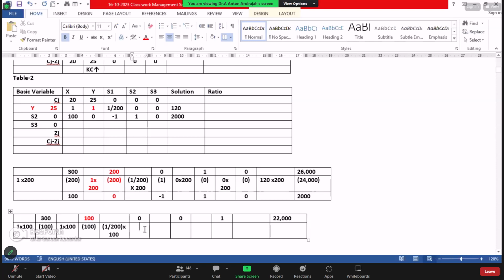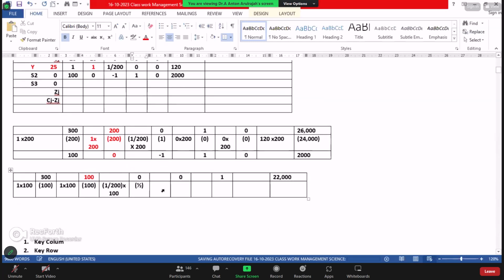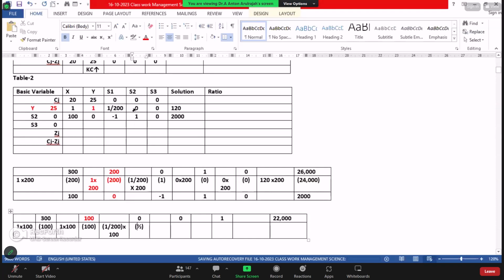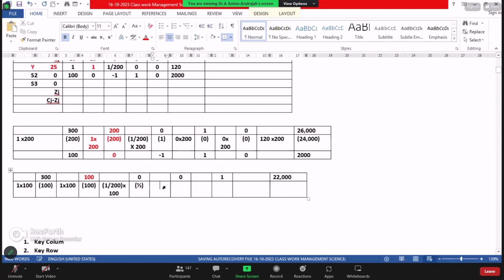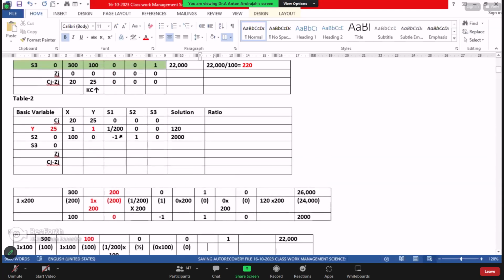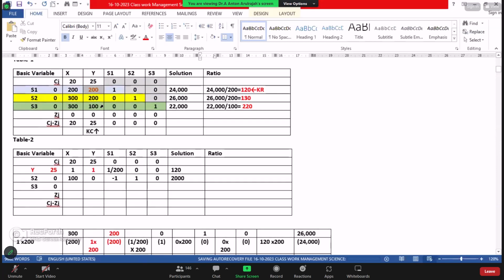Right, that is good. Then 0 into 100 is 0, then 0 into 100 again, 0.